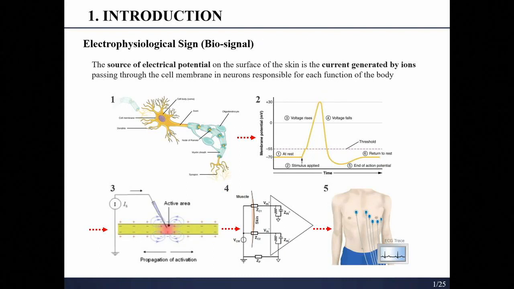We generally measure electrical biosignals on our skin. The source of the electrical potential is generated by neuron and cell activity, and once the action potential exceeds a certain threshold voltage, it flows through the ion channels of our body.